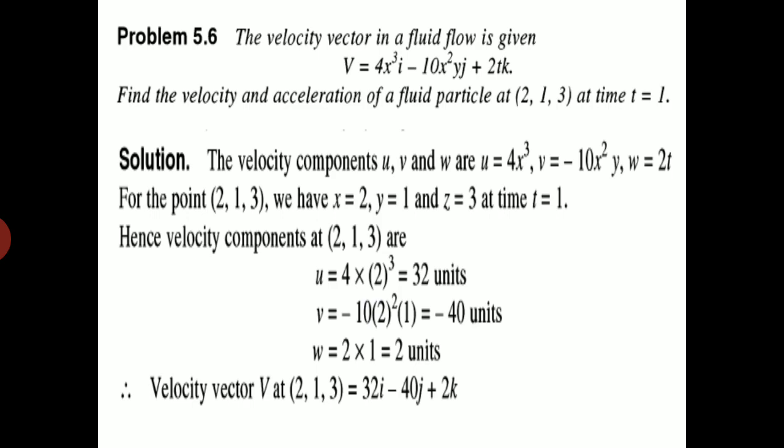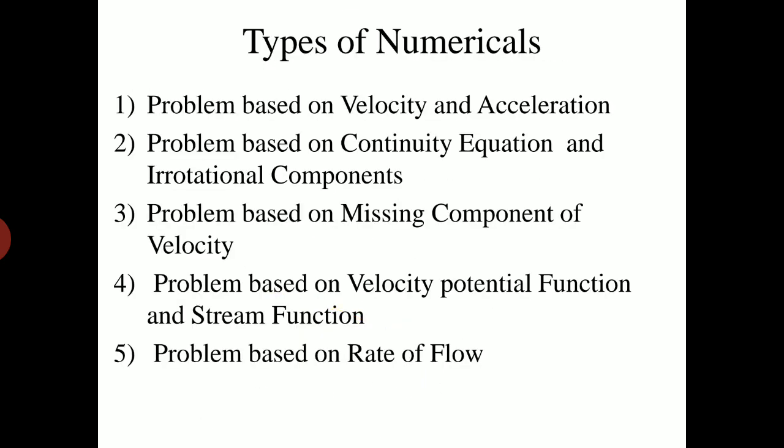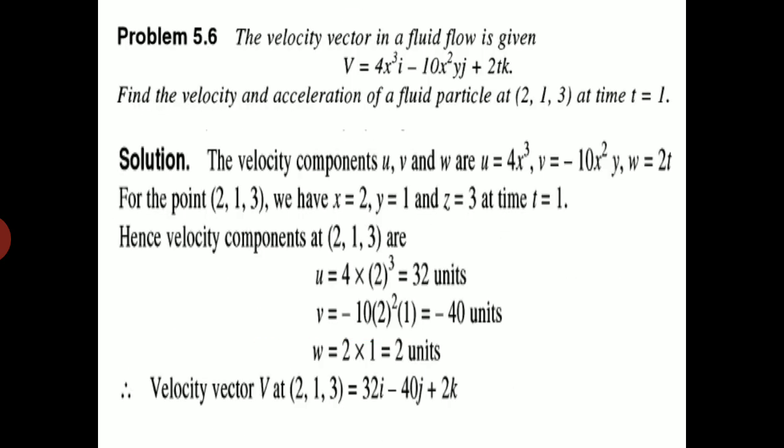Again v is equal to minus 10x square y, where x is equal to 2 and y is equal to 1, giving minus 40. Again the value of w is equal to 2 into 1, that is 2 units. We represent this in vector form as 32i minus 40j plus 2k. So this is the first part.